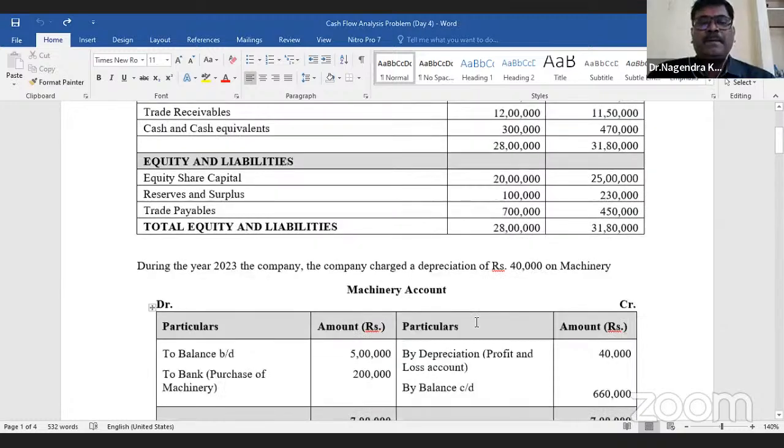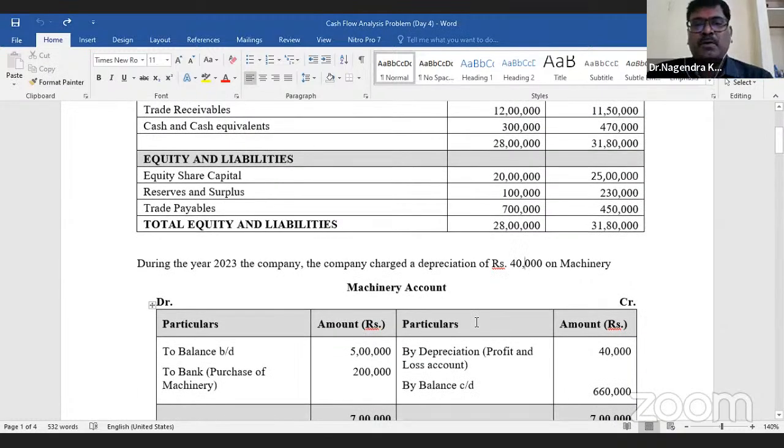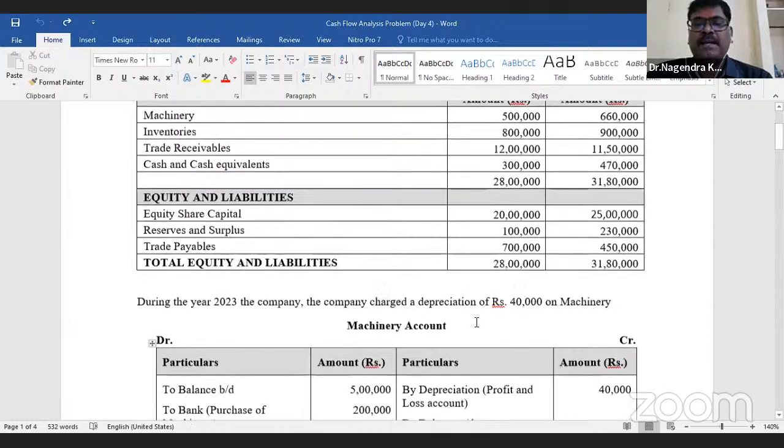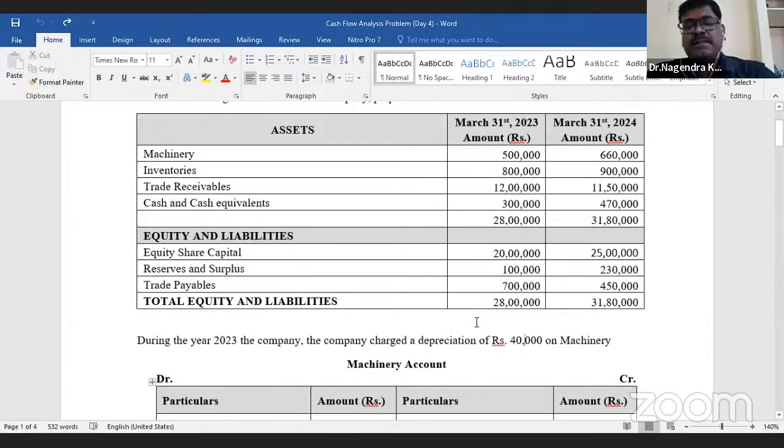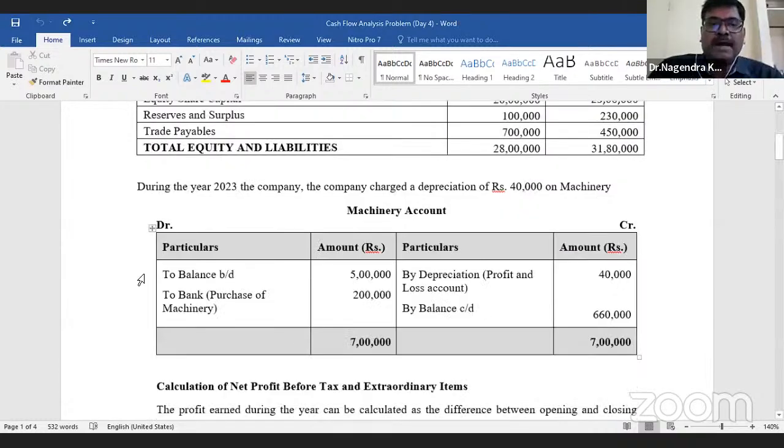So we have to prepare an account for this machinery, and then we have to understand whether there was any purchase or sale of machinery during the year. So we first enter the opening balance, that is 5 lakh rupees, and then we enter the closing balance, that is 6 lakh 60,000 rupees.